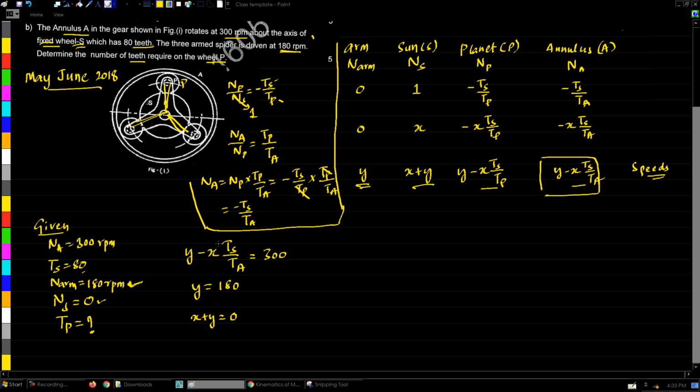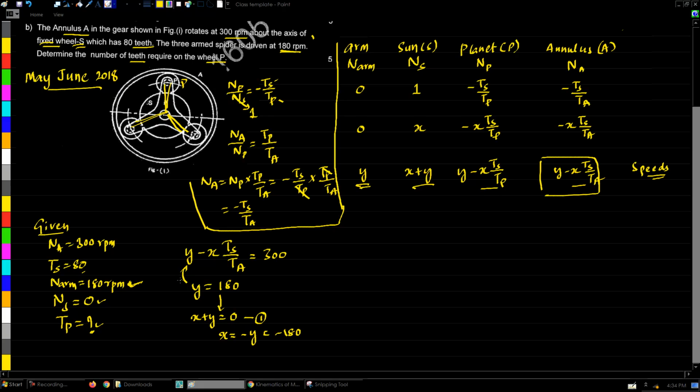Okay, so now all we have to do is substitute all the given data into these equations and solve whatever is required. That is, in this case, TP. So first of all, let us solve this equation. It seems to be very, very easy, and with y value already given, we can substitute and we can find the value of x, and that's going to be minus y, so it's going to be minus 180.